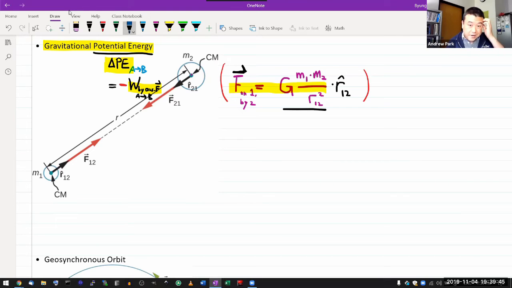Now, there's a convention that I want to introduce. This change language, change from A to B, makes it hard to have a simple expression for potential energy. So this is what I would love to be able to do.